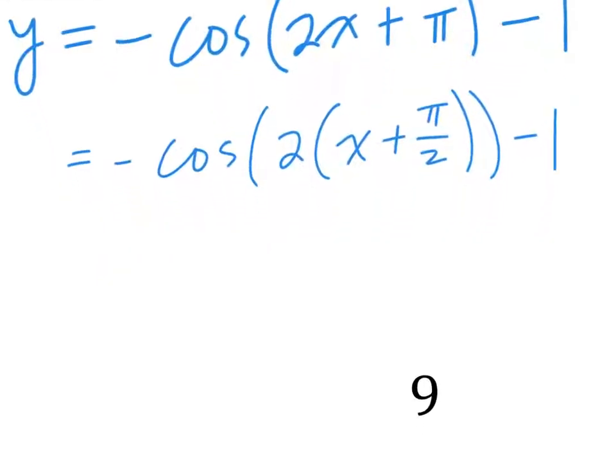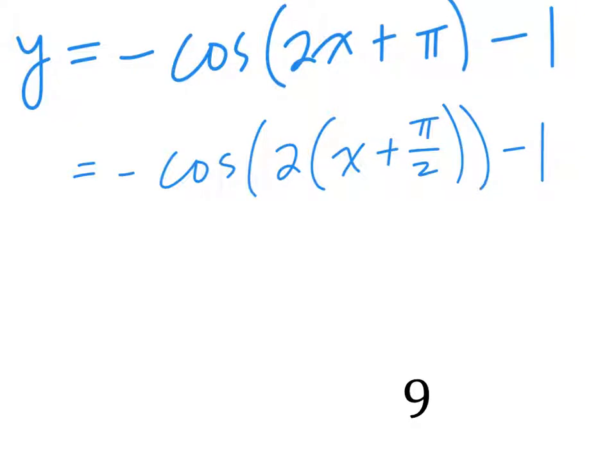Okay, so let's go ahead and graph this. Before we graph this, let's talk about the amplitude. Let's make sure everyone is with me. So Sunny, what value is amplitude? 1.